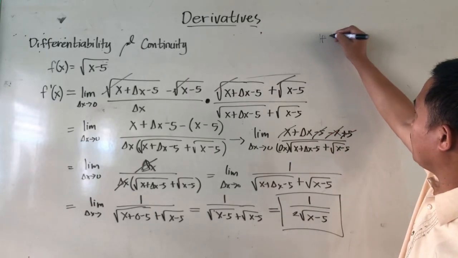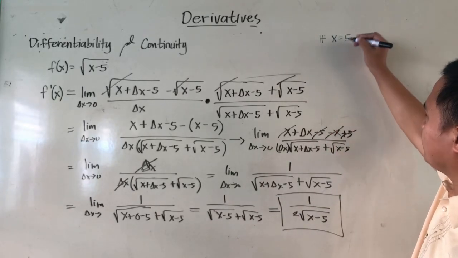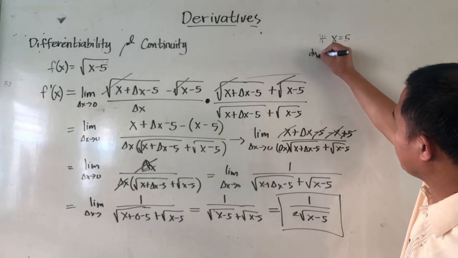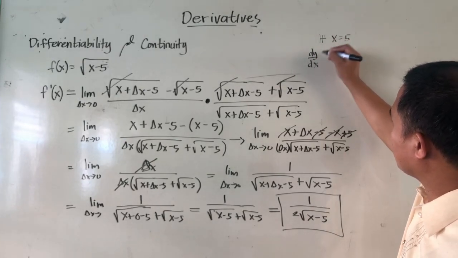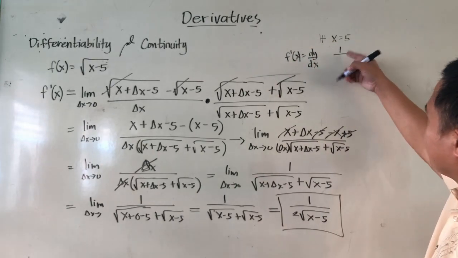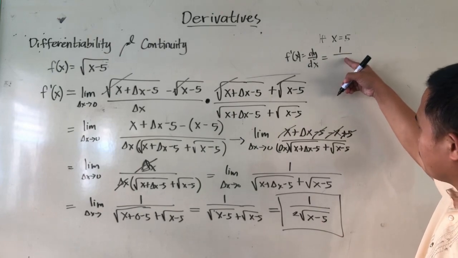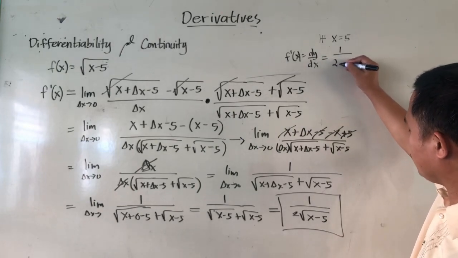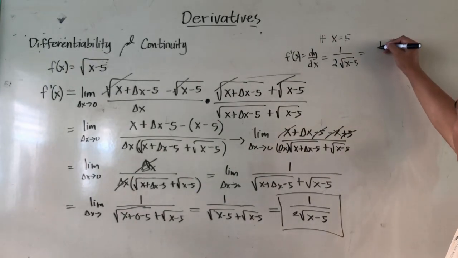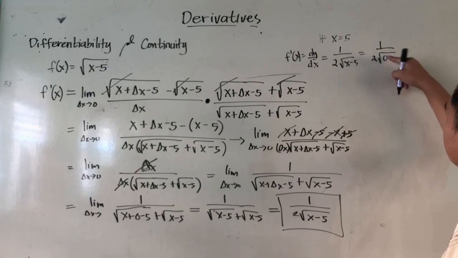If x is equal to 5, then f prime of x, or dy over dx, is equal to 1 over 2 square root of x minus 5. That will give us 1 over 2 times the square root of 5 minus 5.